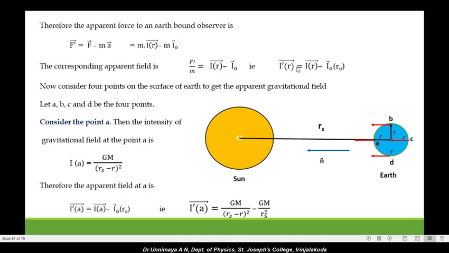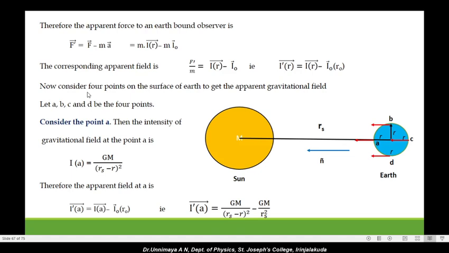Then for an observer at the Earth's surface, this is the apparent gravitational field experienced by any object or person on Earth's surface, that is I prime of r is equal to I of r minus I0 of R0. So you get the apparent force acting, and this is the apparent field.